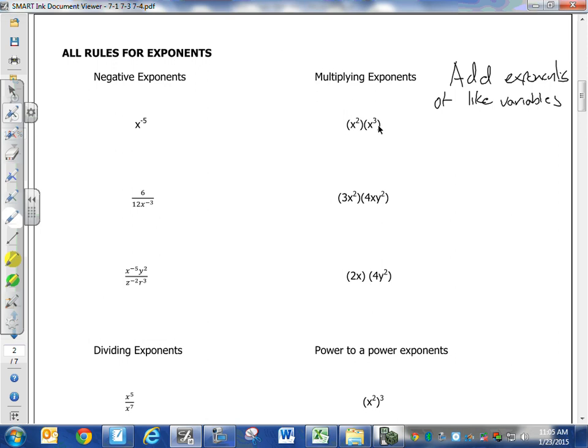What's x squared times x cubed? X to the 5th. You can show that by saying this is x times x. This is x times x times x. 1, 2, 3, 4, 5.